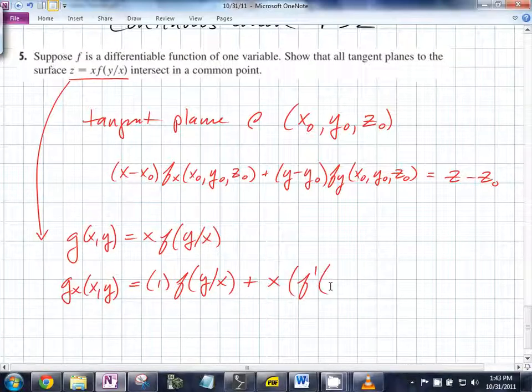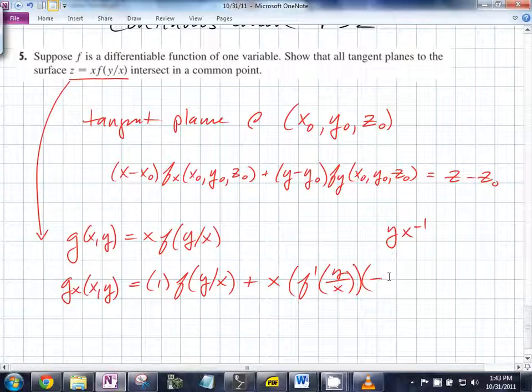So we're doing y times x to the -1, so you need the derivative in terms of x, right? So what's it going to be? It's going to be negative y over x squared.